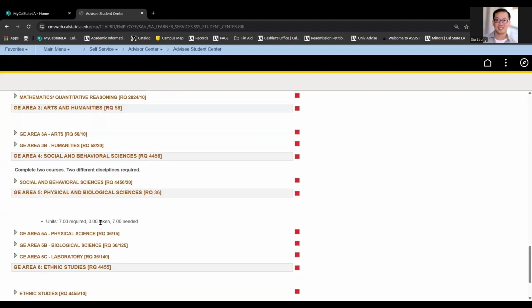So sometimes you don't want to listen to your friends because based on your catalog years, these requirements might be different. For example, if you came a year earlier, you would be on the fall 2024 catalog year. And in that catalog year, you would actually need 2 science courses and 2 laboratories.